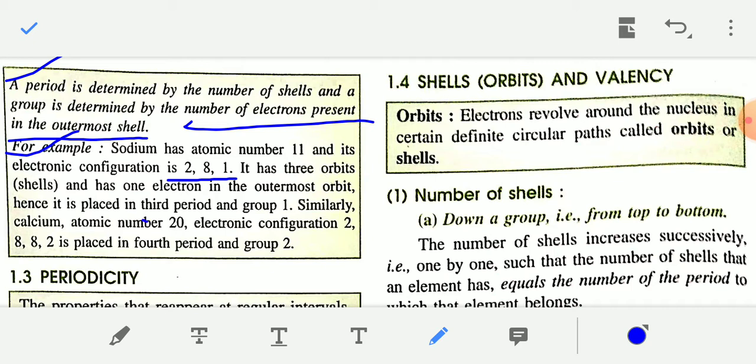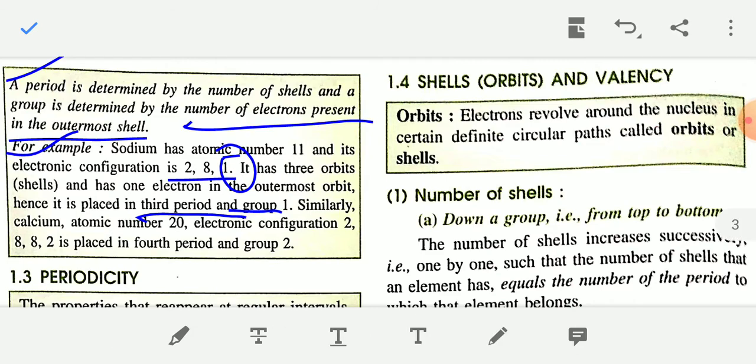As 1 electron is present in the outermost cell of sodium, the group number of sodium is group 1. So sodium is a group 1 element and a third period element.